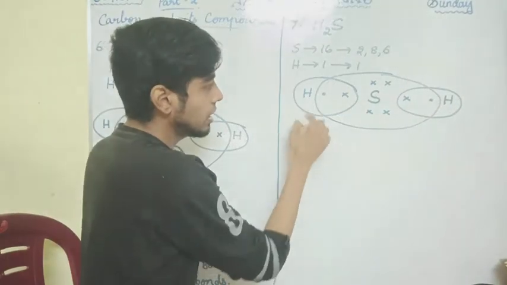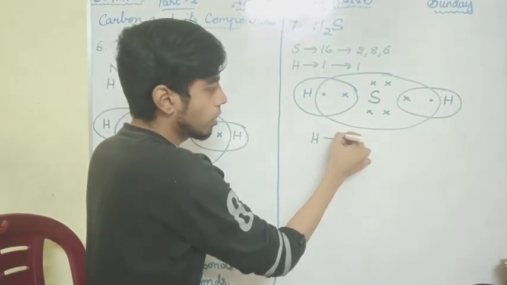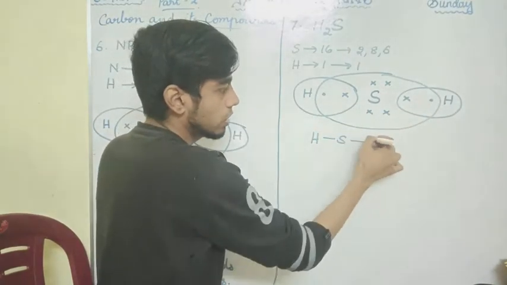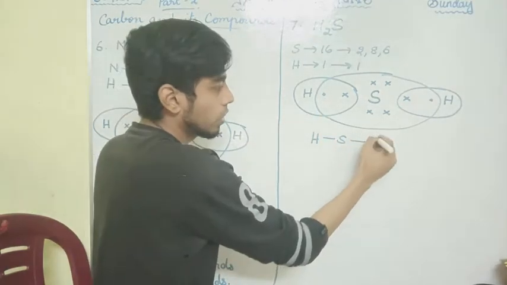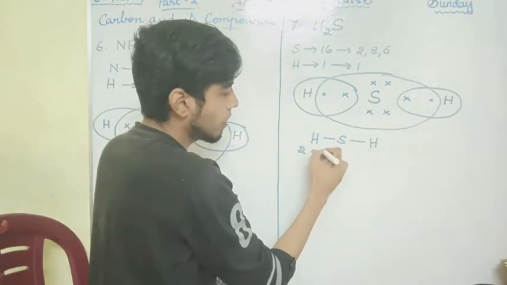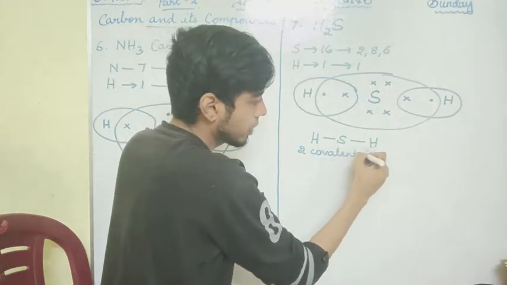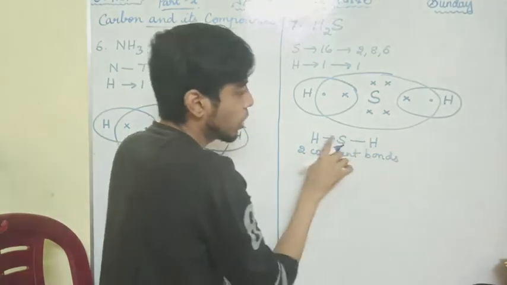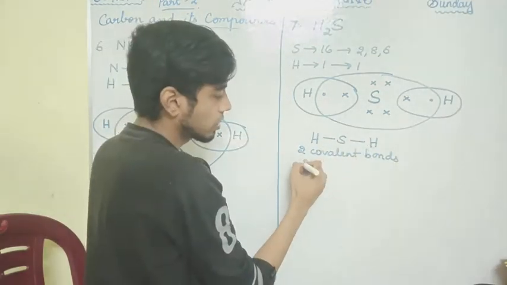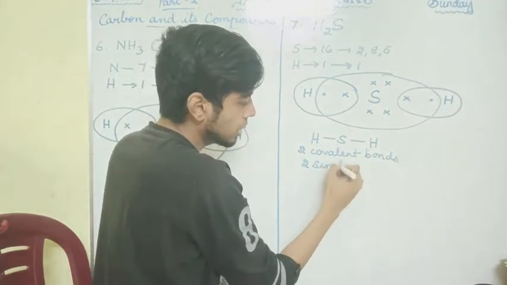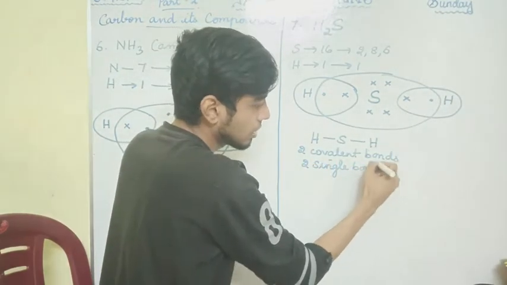So as you can see, these 2 electrons will form one bond and these 2 electrons will form another bond. Okay, so there are 2 covalent bonds in sulfur, and both the covalent bonds are single bonds. So there are 2 single bonds in sulfur.